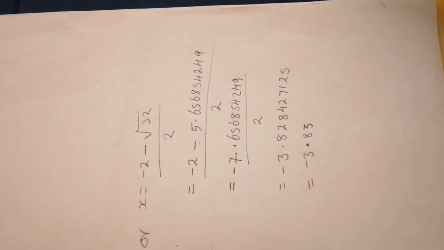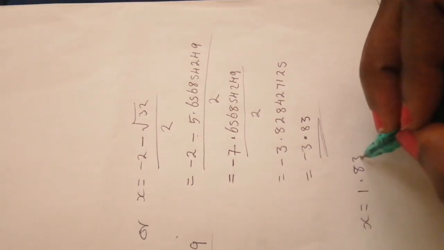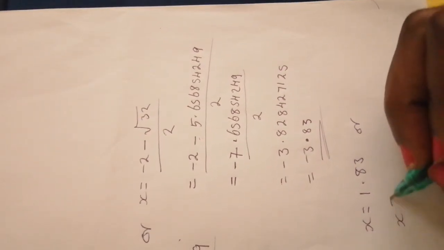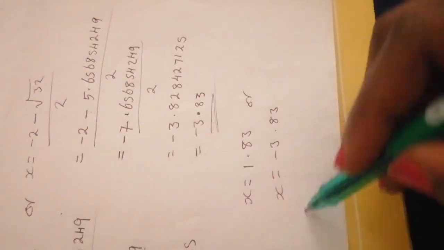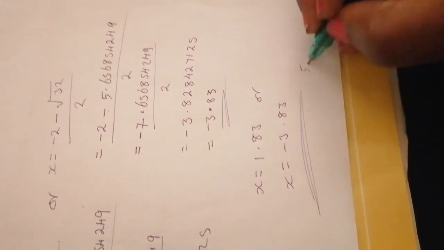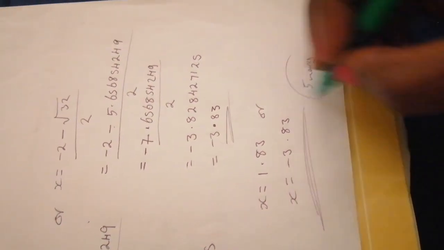So the answer is -3.83. So x is equal to 1.83, or x is equal to -3.83. Then you get your 5 marks.